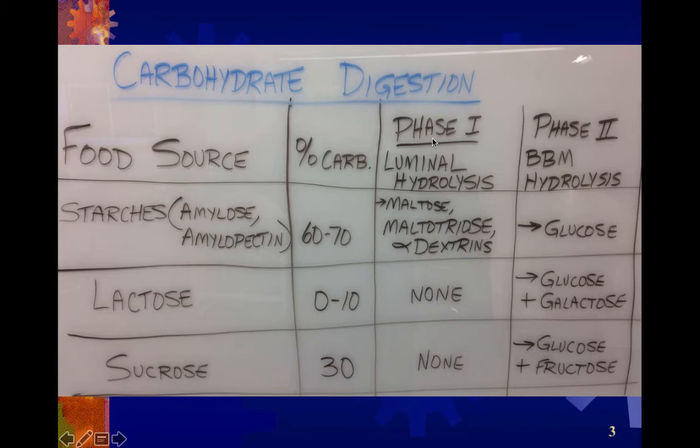Now let's look at this. Here are the 2 phases. Phase 1 is luminal hydrolysis. In other words, some carbohydrate is hydrolyzed in the lumen of the small intestine. So carbohydrate goes in, it's in the lumen of the small intestine, and an enzyme degrades it.